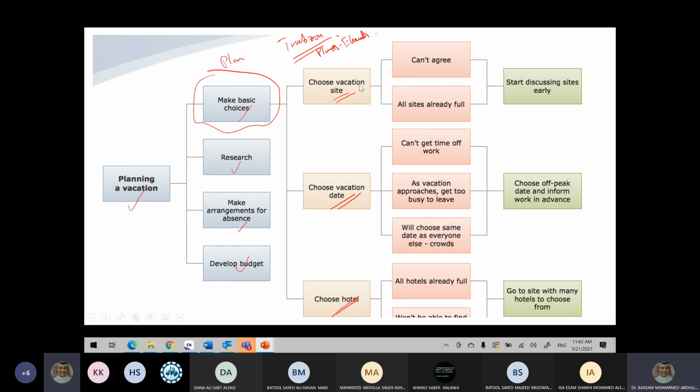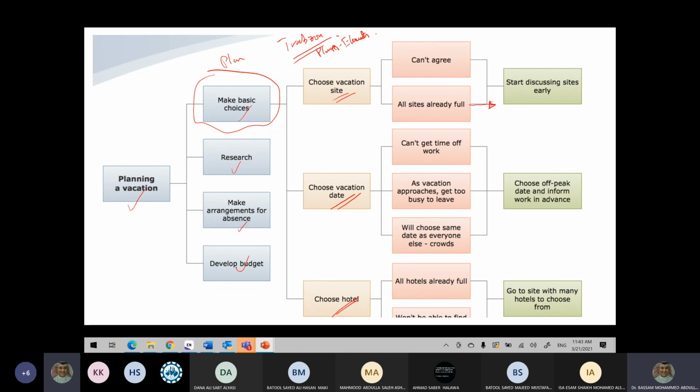Now, if I want to choose the vacation site, we may not agree. It could be that all sites are already full, though it's impossible for all sites to be full.